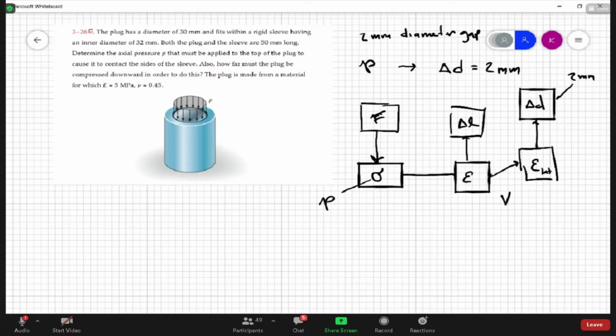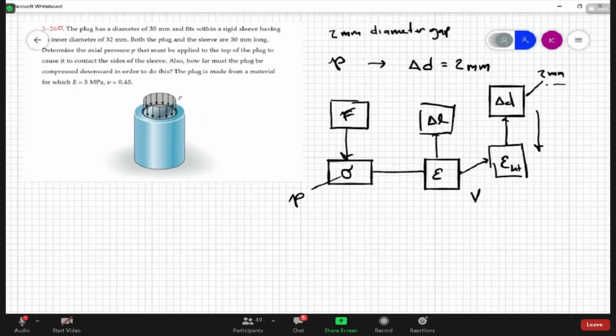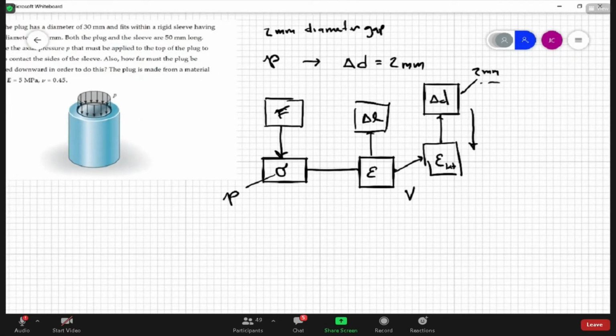So knowing how much the diameter has to change, we can figure out the lateral strain. That strain is going to equal the change in diameter, the 2 millimeters, over the original diameter. We know both of those, so we can get the lateral strain. It's going to be a positive number in this case. Now, knowing that, we need to get the longitudinal strain so we can continue down this path.